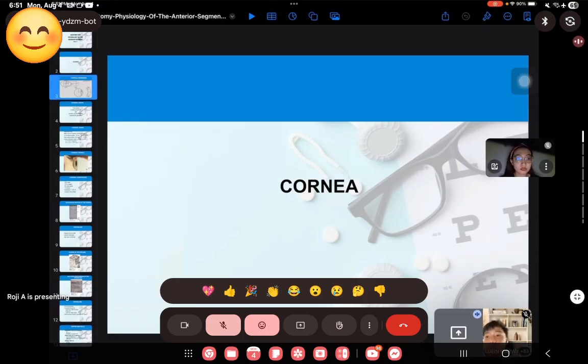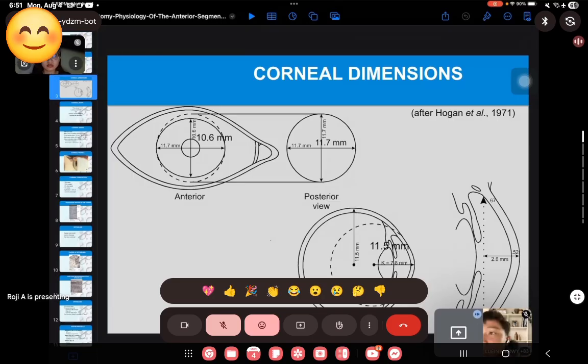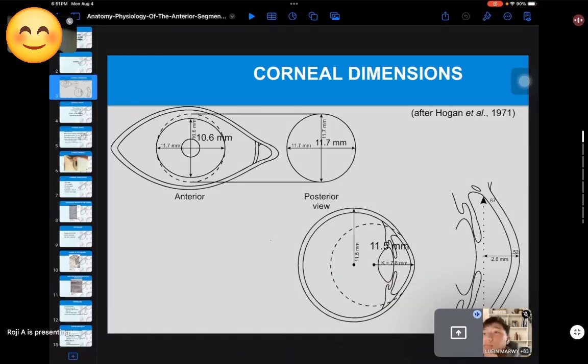All right. So the cornea is like this. As you can see, the corneal dimension, you have your vertical and horizontal. As I've said, the horizontal is not the same as the vertical because the cornea is aspheric.